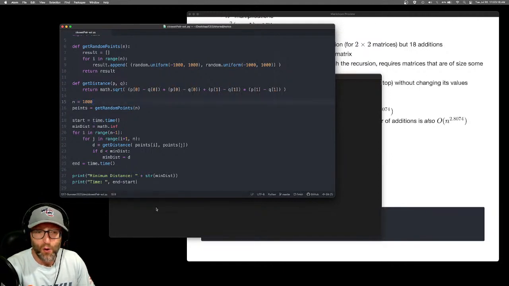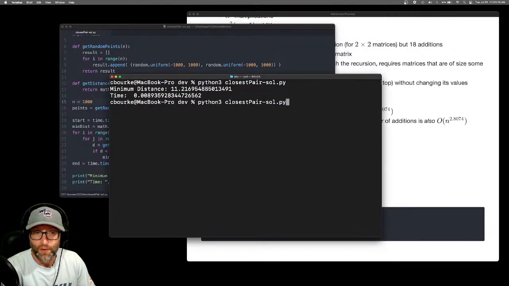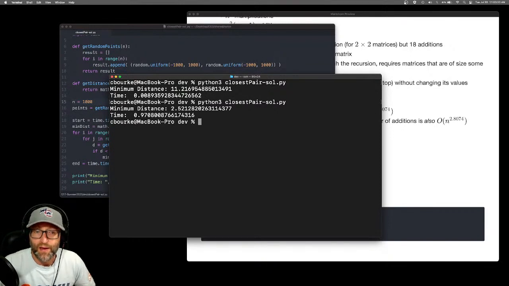But you can see that if we go up by an order of magnitude here, to 1,000, it's going to take about 100 times as much time, because this is an order n squared algorithm. For every single point, that's n choose 2, which is order n squared. We're generating combinations, combinatorial objects, and even though k is 2 in that case, it's still quadratic.